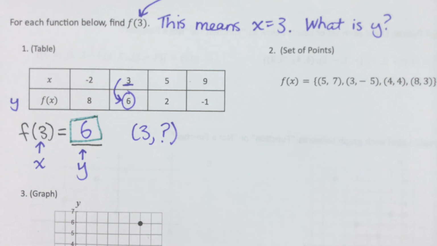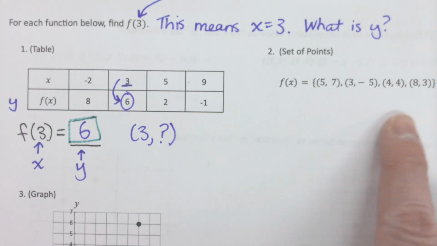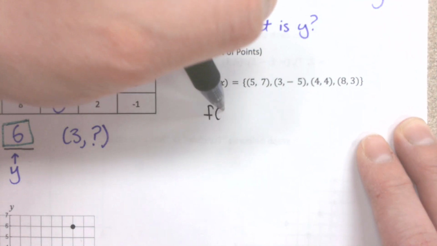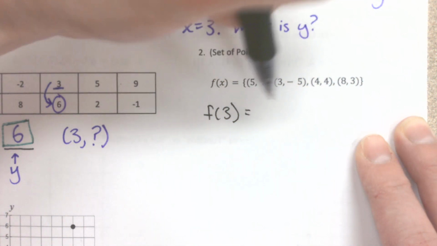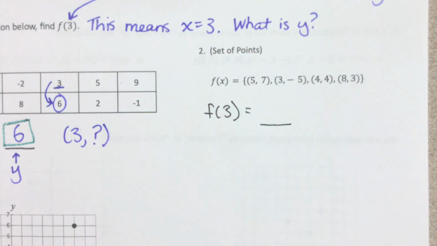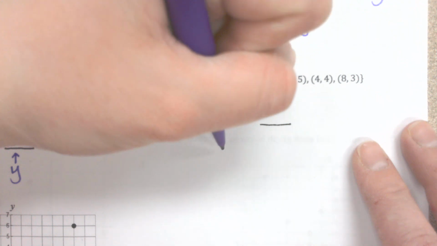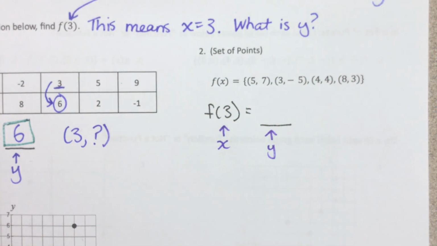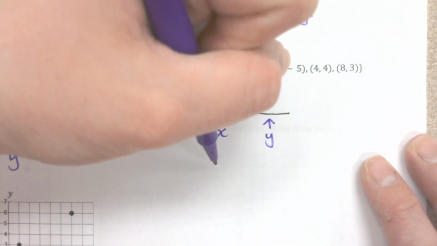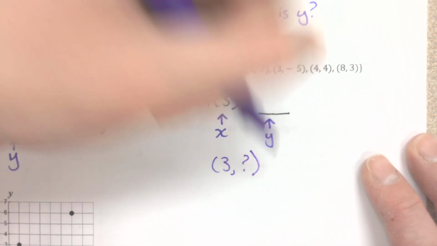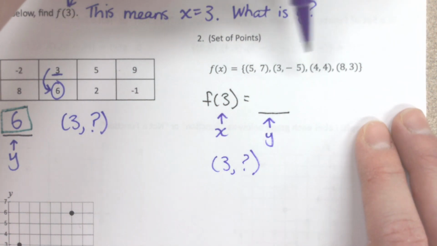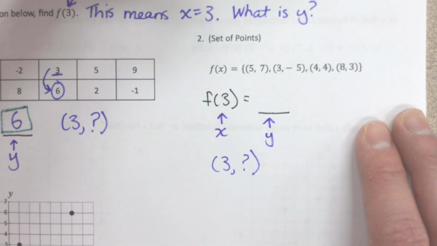Number 2, same question, but this time we have a set of points. So again, we're trying to find f of 3. Again, that means x is 3. We're trying to find y. So we have the point 3 something. So this time we're going to go through the points and find the one that has a 3 in x's spot.